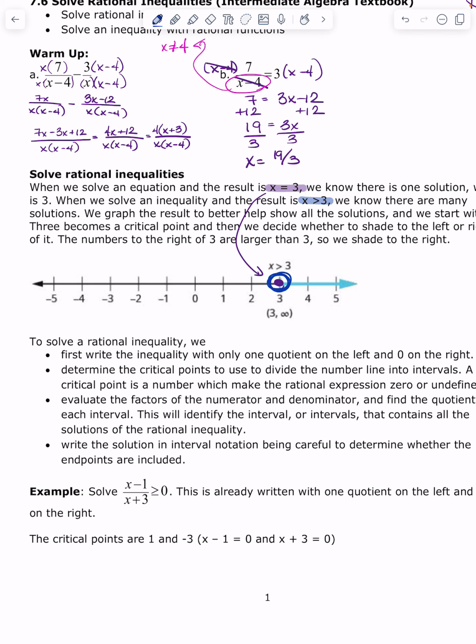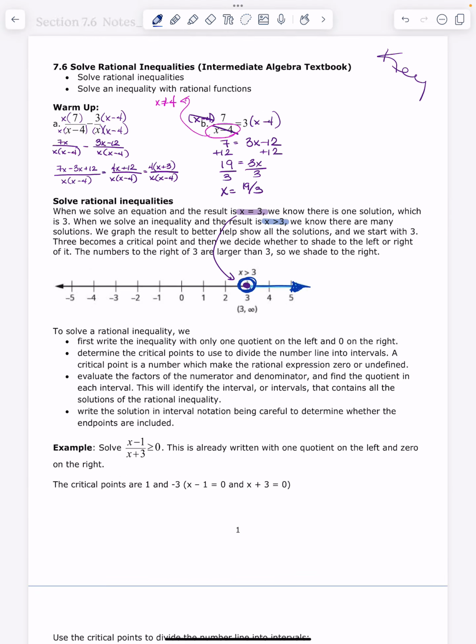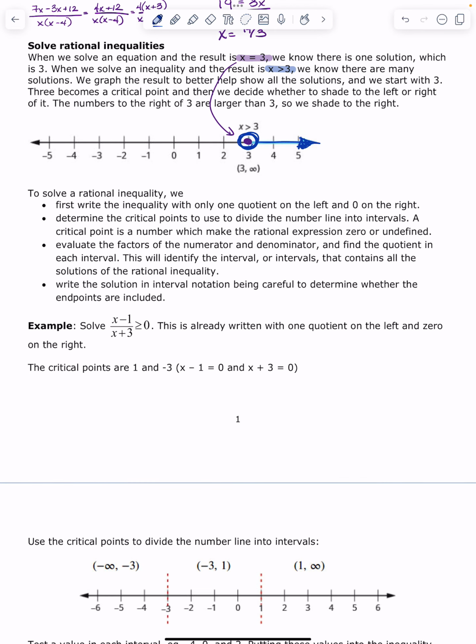I want all the values greater than 3. 4, 5, 6. Sometimes it helps if you're unsure. Go ahead and plug in a number and test it. Okay. So now we are looking at solutions that involve more than just a single answer.